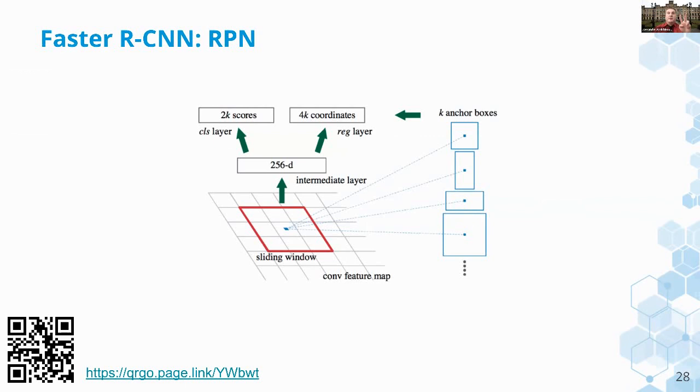So in RPN, instead of predicting one value, the probability that this region contains some object, we simply predict two scores.